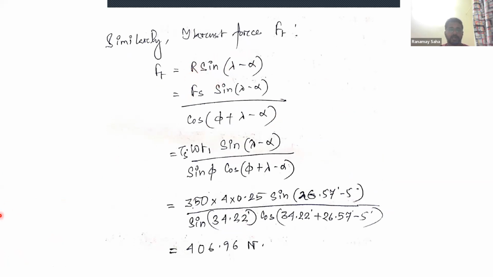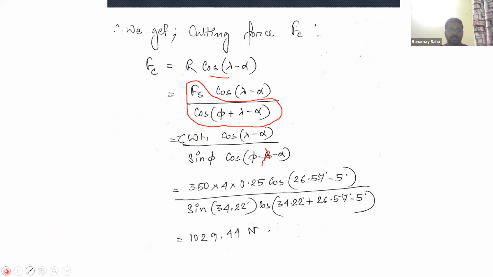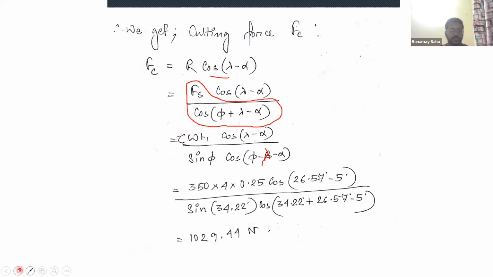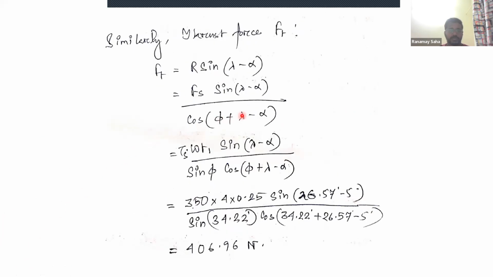You replace R similarly as you have done in the last case. From here you can find Fs by cos of phi plus lambda minus alpha. And then Fs again is W t1 by sine phi into tau. So putting in all these values, you finally get the value of thrust force as around 400 newtons.